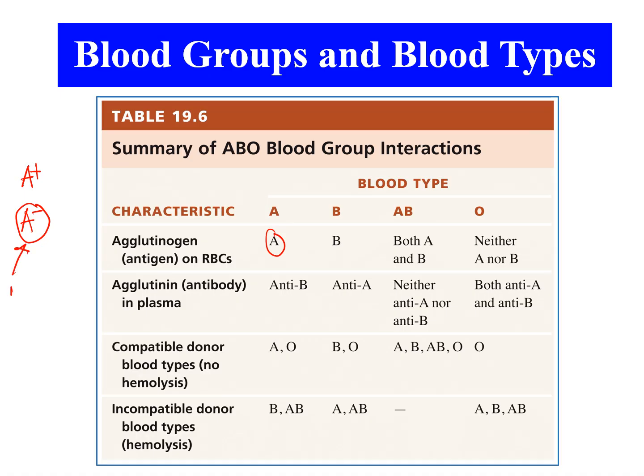One who is A negative can give to A negative, and one who is O negative can give to A negative. O is the universal donor. They can give to anyone, regardless of their blood group.